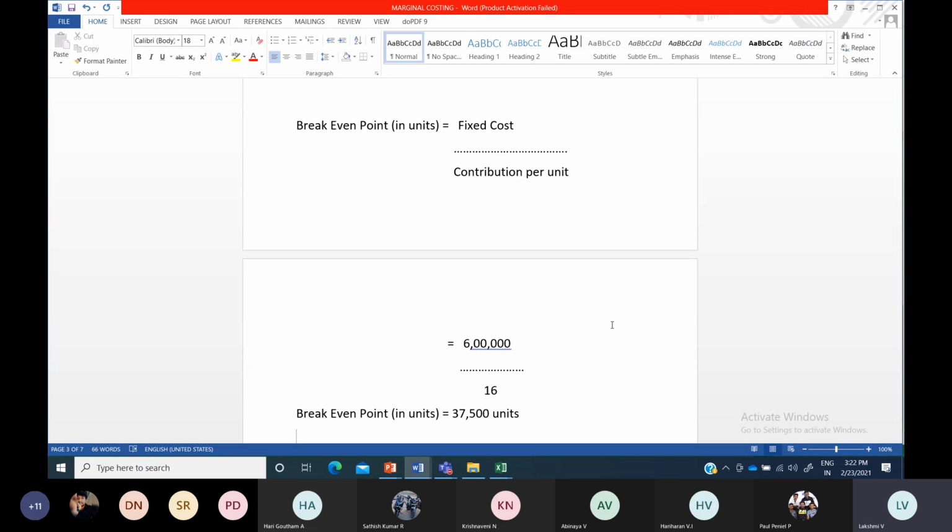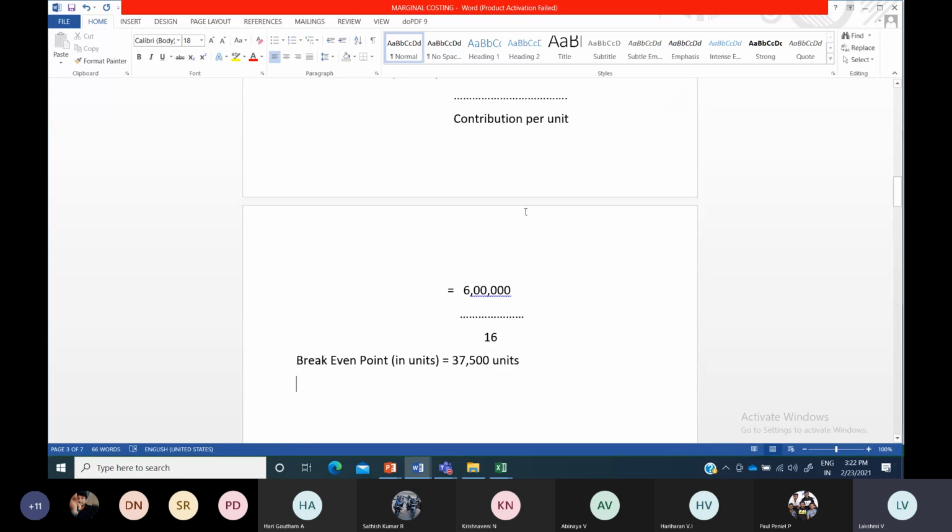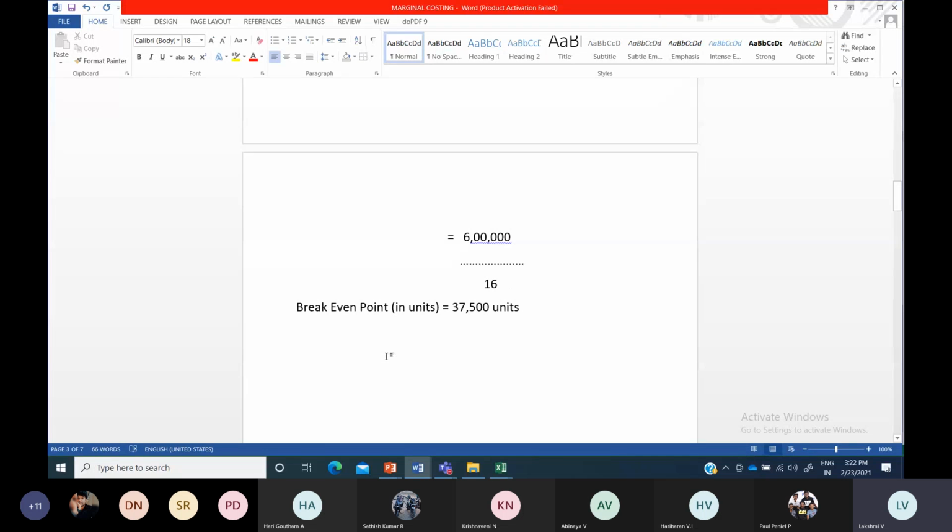So there is one more other formula for this break even point in units itself. One formula is fixed cost divided by contribution per unit. This is one formula. One more formula we also have for the break even point in units itself.